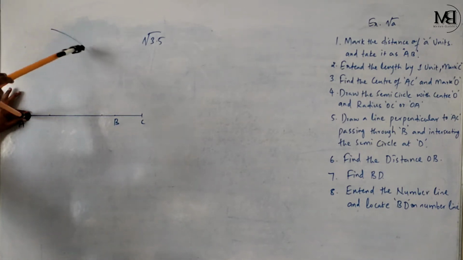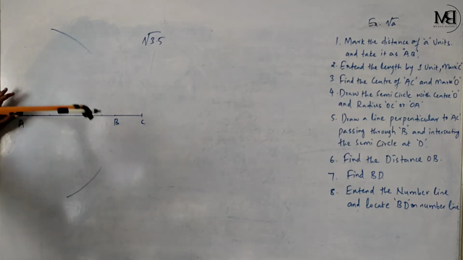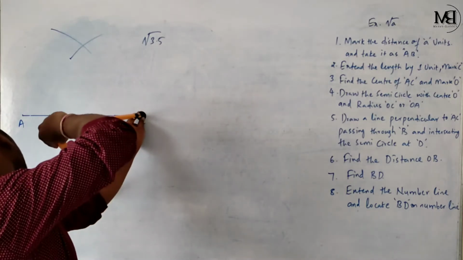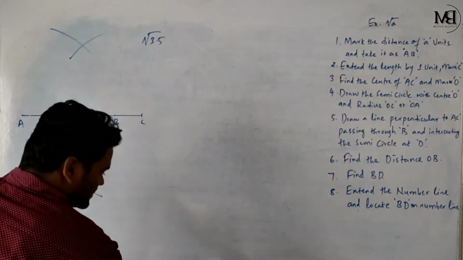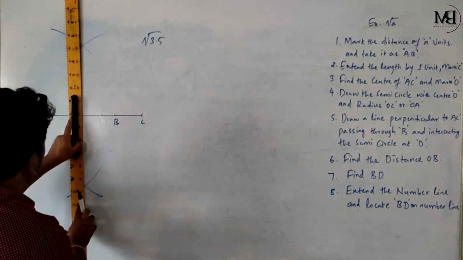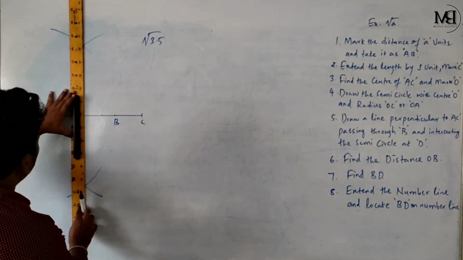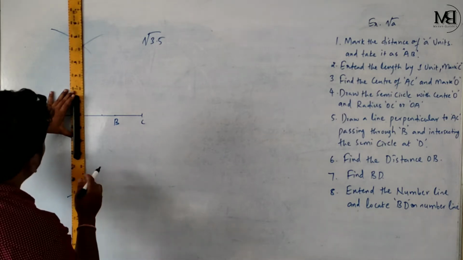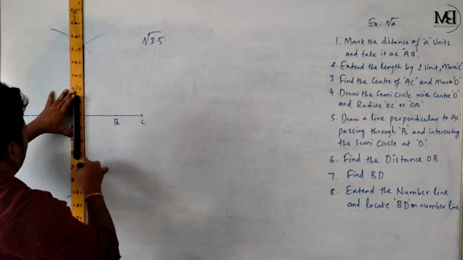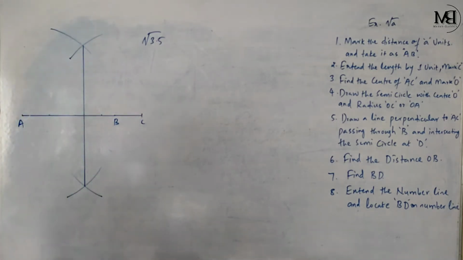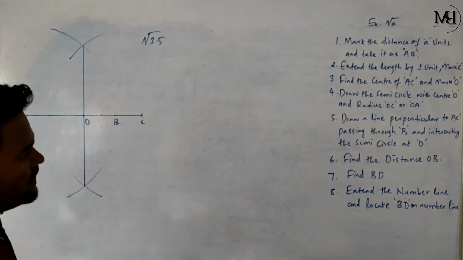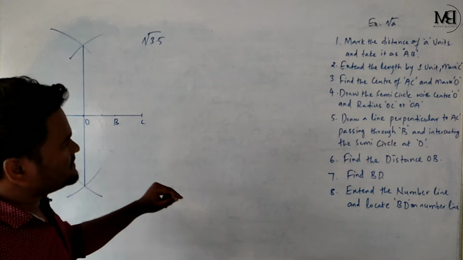Now let's draw the arcs here with center A and also with center O. Now just join these two meeting points. This is the center that I have taken as O. Now see the next point, children.